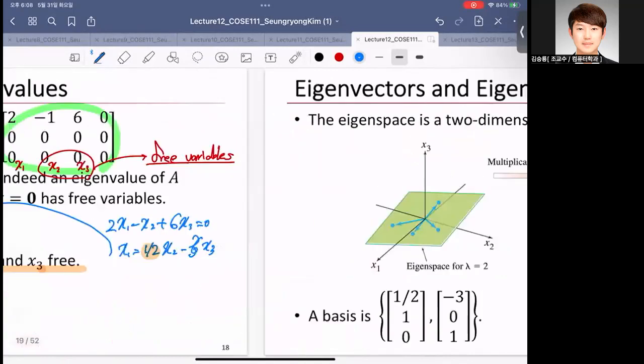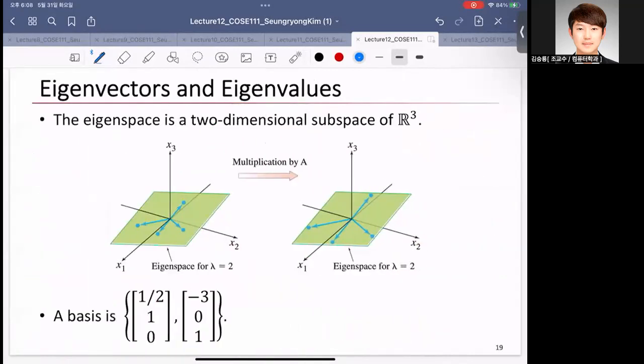Let's suppose that you have an arbitrary vector in the input space, 3D space, and multiplication by matrix A can transform it to an arbitrary three-dimensional space here. In this case, eigenspace means a two-dimensional subspace of R3. In other words, like this.